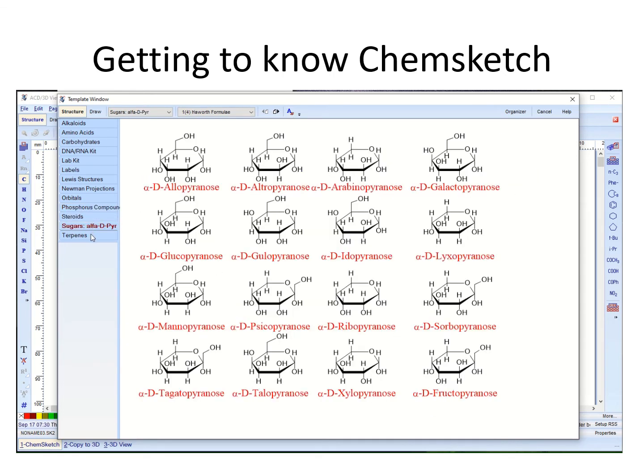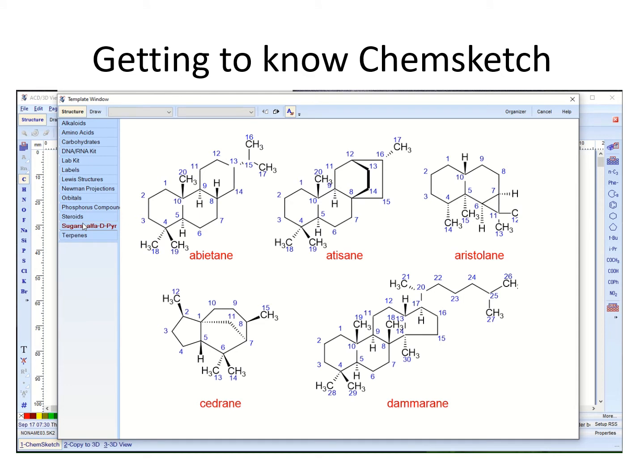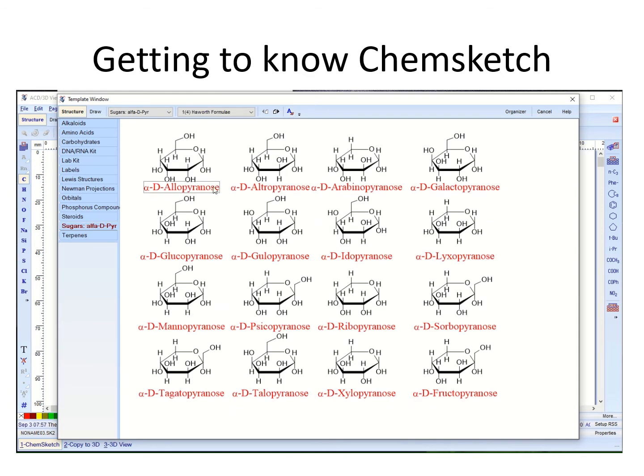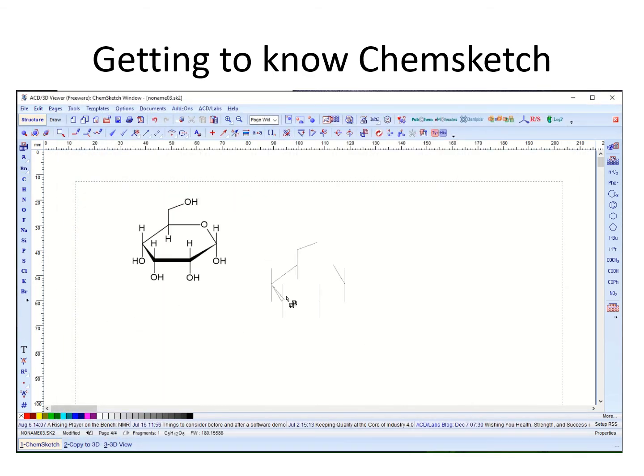Steroids, sugar, and terpenes. So for example, you have sugar. Just take one, which is this. Put it in here. And if you want to change any of these functional groups, you go to carbon, for example, change this to CH3.